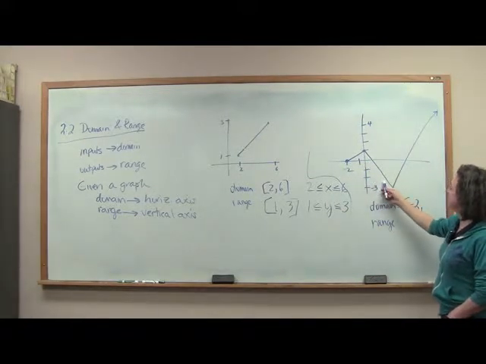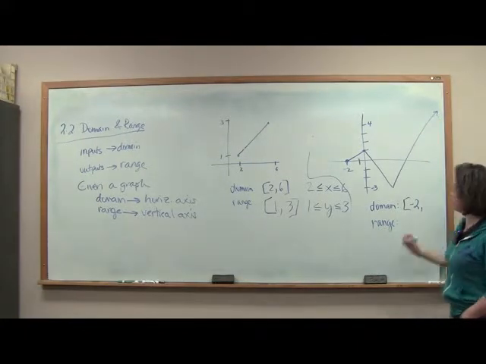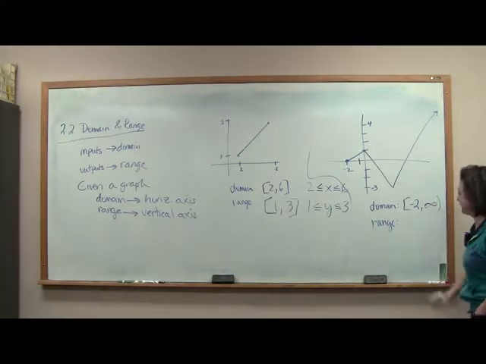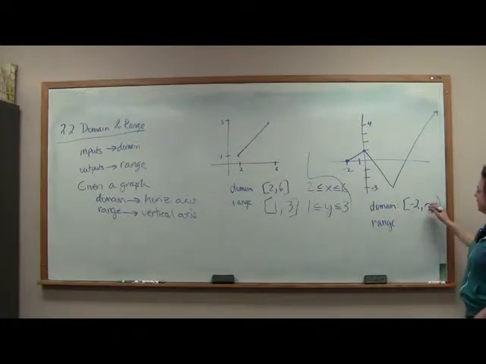Well, we keep going, we keep going, we keep going. Oh my gosh, we're going on forever. So we say it goes off to infinity. Notice I have a parenthesis next to my infinity, because infinity is an idea, it's not an actual number. An equivalent way of writing this is you could say x is greater than or equal to -2.